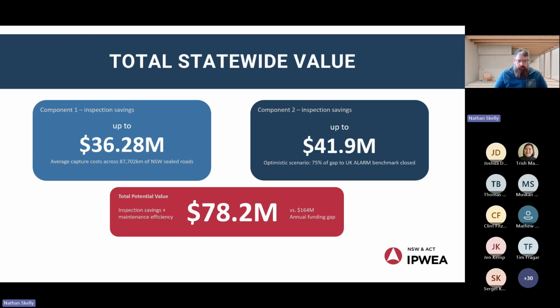So we don't close that gap, but there is the opportunity to move further towards it. We spend $479 million annually on maintenance across the road network in this state. It's a huge spend of money, so you don't need massive efficiencies across the entire state to see large gains in dollar value.